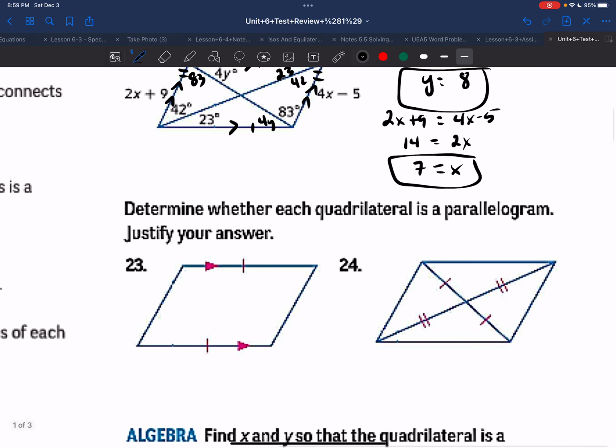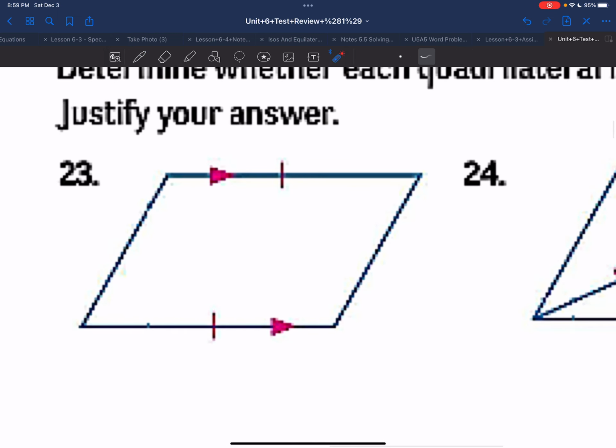Now, here it says determine whether each quadrilateral is a parallelogram, justify your answers. Now, 23 is kind of weird. Yes, opposite sides are parallel and opposite sides are congruent, but I don't have enough information here. So, if the left side of this figure, I don't even know if it's a parallelogram, I shouldn't say that.